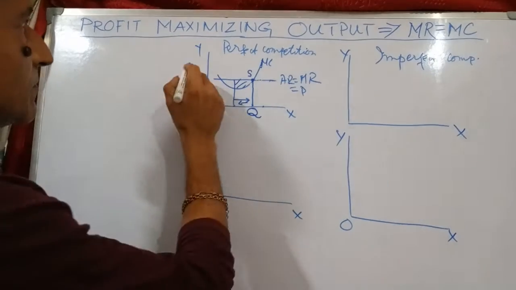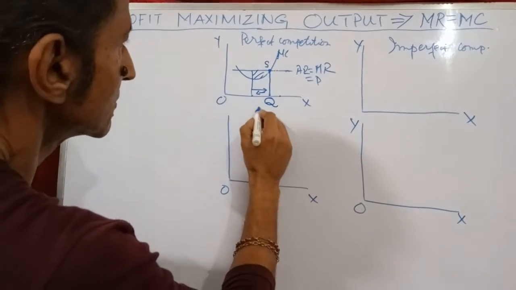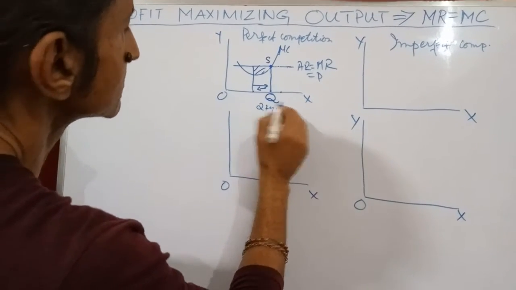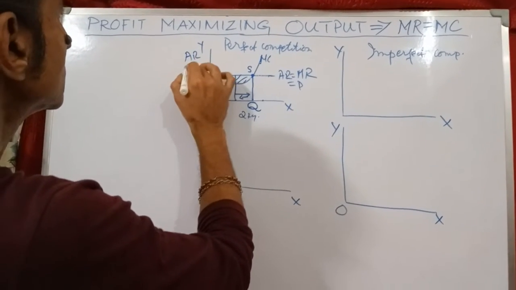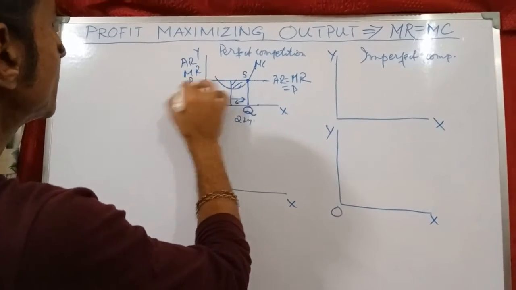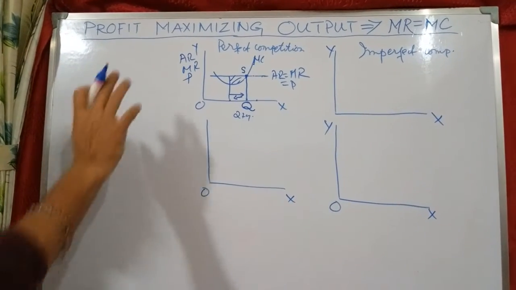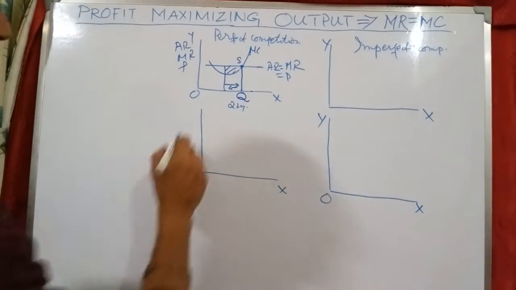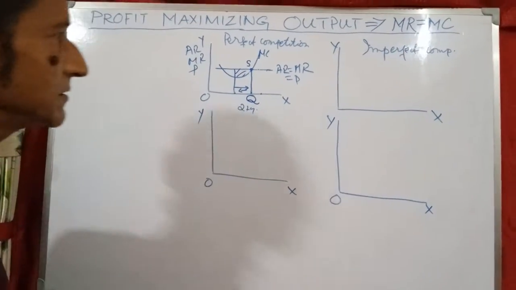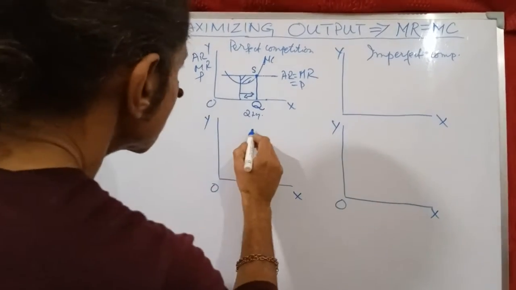Now in this diagram, here we have measured quantity on the x-axis, and here we have measured average revenue, marginal revenue and price. Three are the same thing in case of a perfectly competitive firm. Here we measure total revenue and total cost.